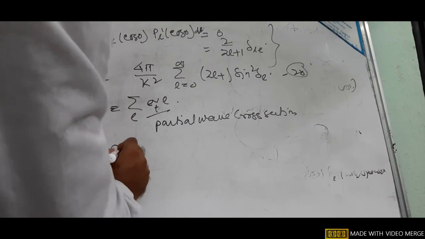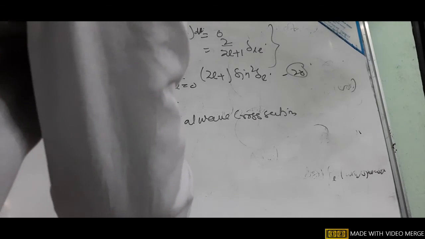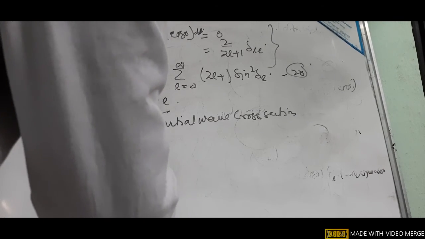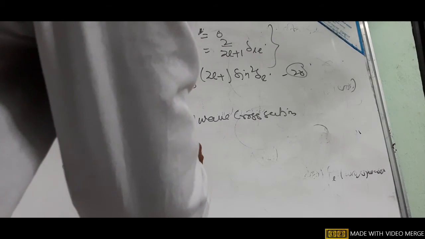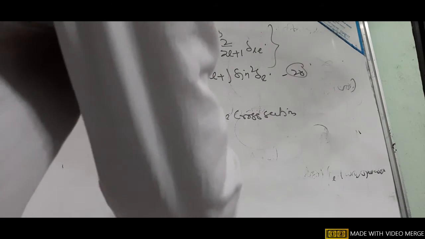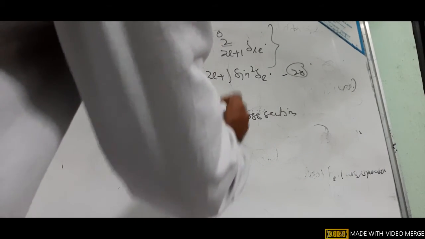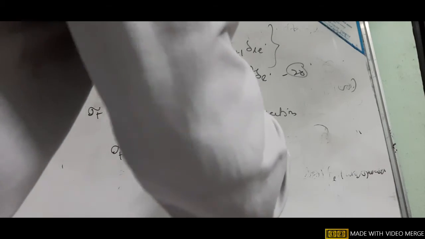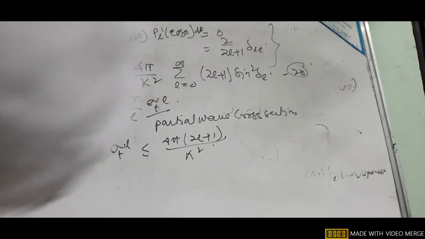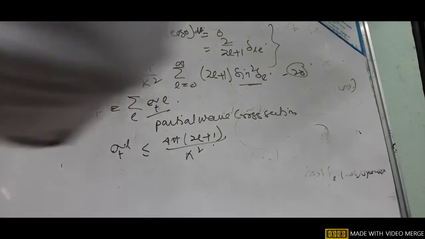So each partial wave cross section, that is sigma_t,l, is less than or equal to 4 pi (2l+1) divided by k squared, because sin squared delta_l is less than or equal to 1.